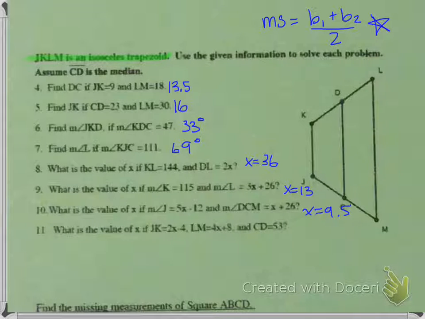Okay, next it says, what is the value of x if JK equals 2x minus 4? JK is over here. That's a side, it's not an angle, it's a side, 2x minus 4. Okay, LM, that's this side over here, which is another one of the bases, is 4x minus 8.